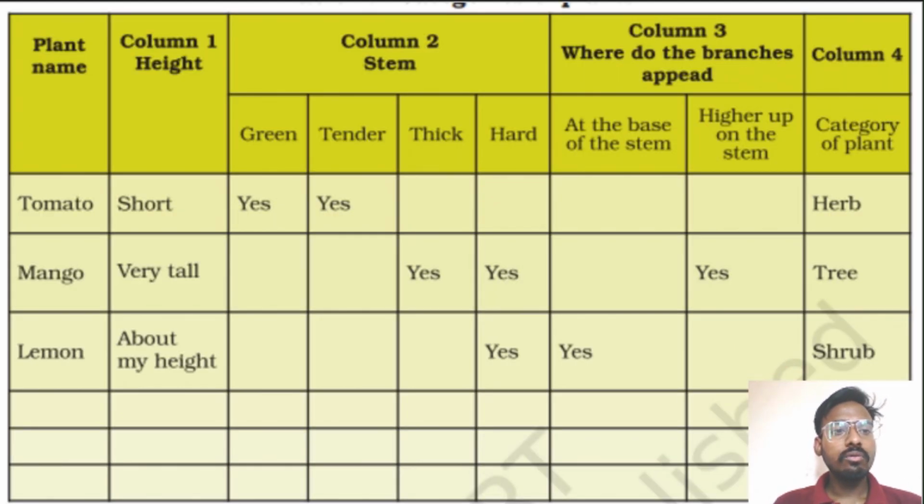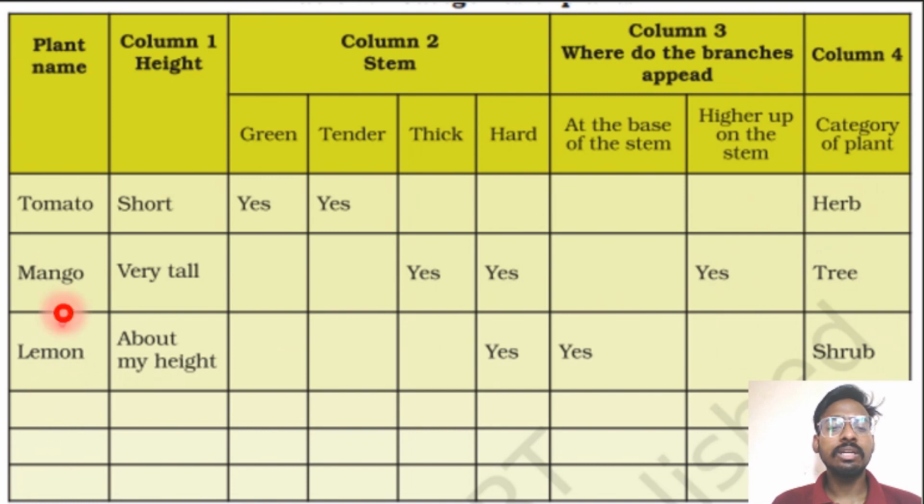Now we will group all the plants we observed in this table, and some examples are shown here, you can see. You can fill columns 1, 2, 3, and 4, and fill the 4th column later after studying the plants, whether they come under herbs, shrubs, or trees.